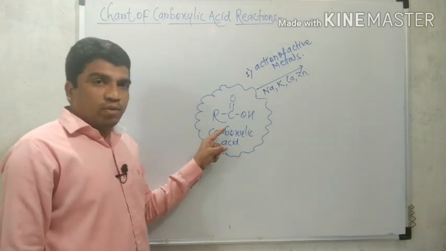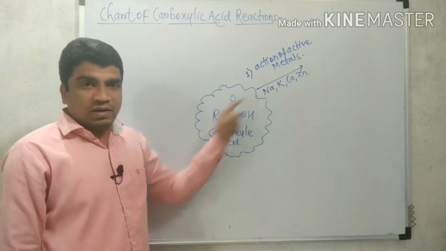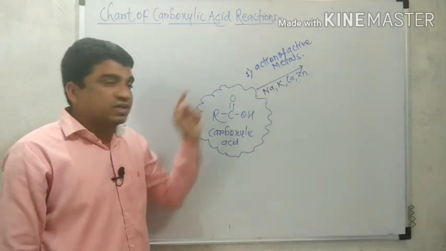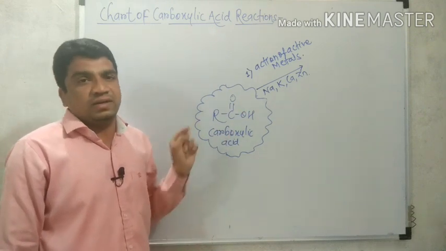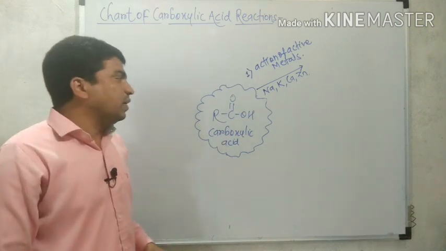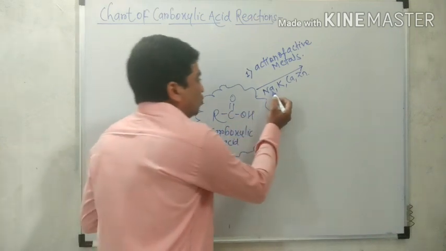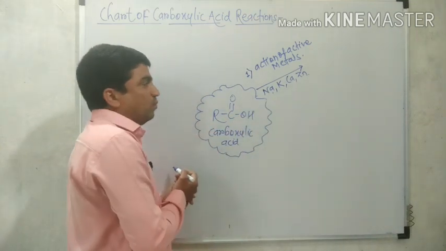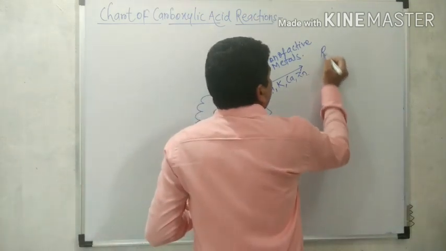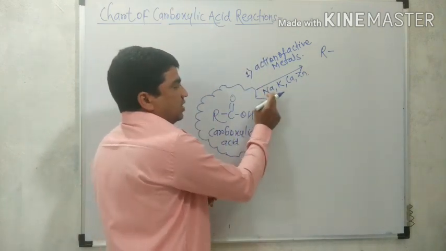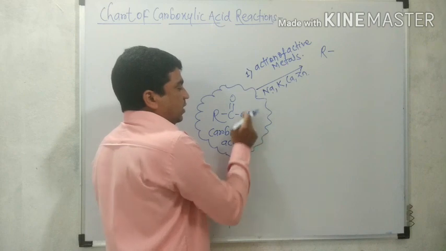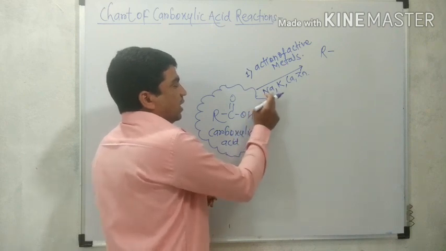We can treat carboxylic acid with sodium metal, or potassium metal, or calcium metal, or zinc. When, for example, RCOOH reacts with Na, the hydrogen atom gets replaced by Na.